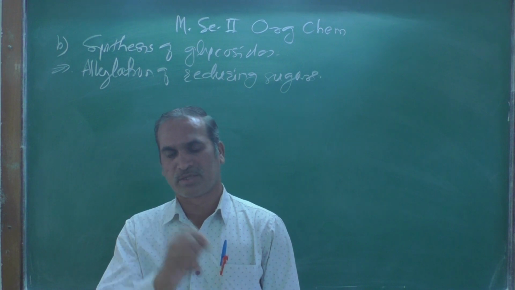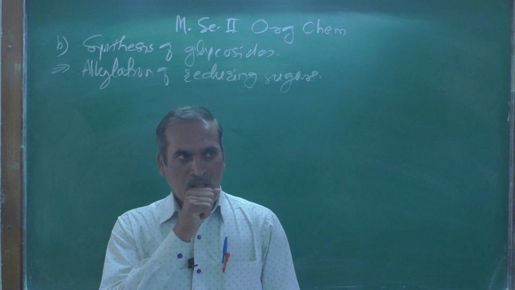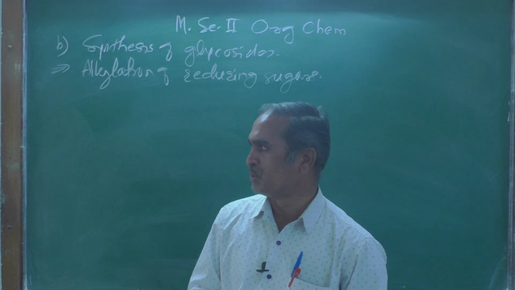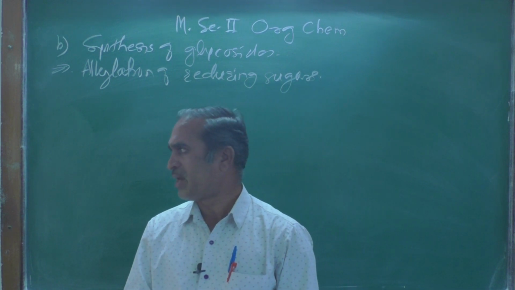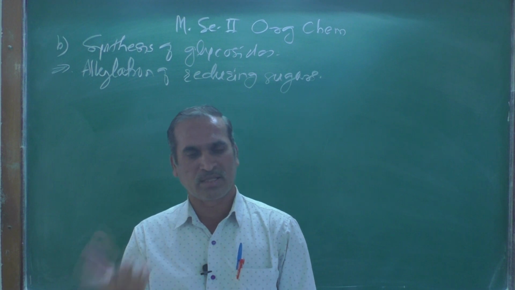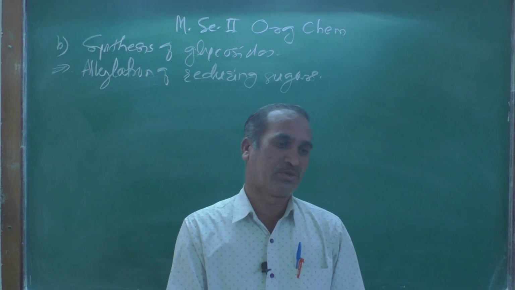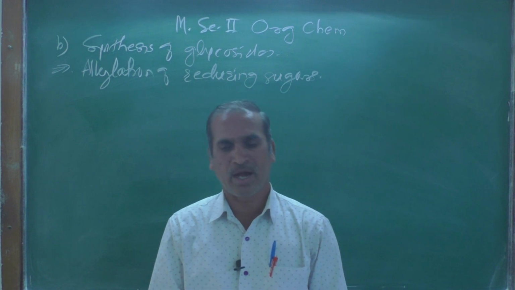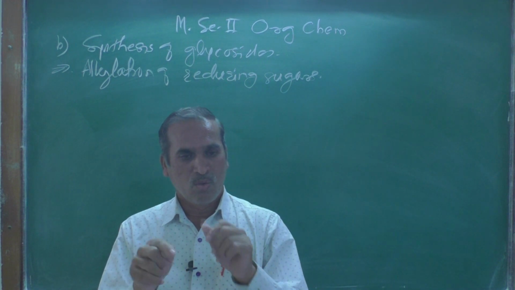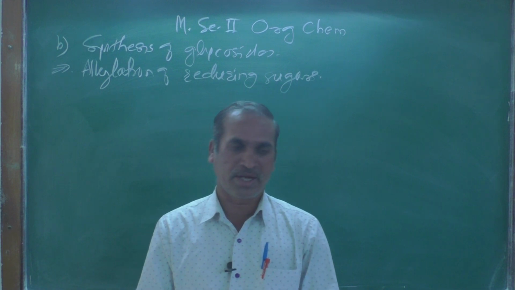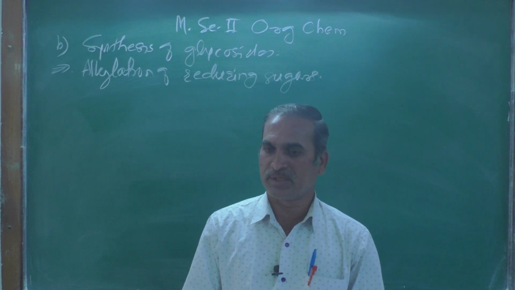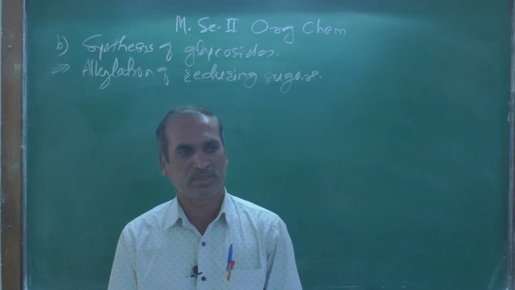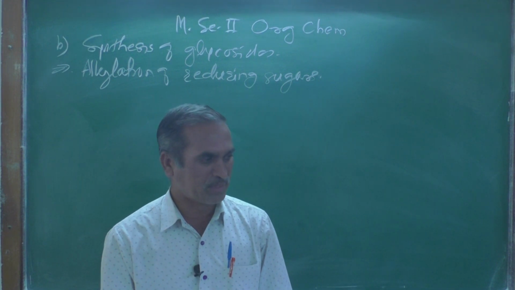If you observe the open chain structures of D-glucose and D-mannose, they differ at only one chiral center. That type of structures are known as epimers.